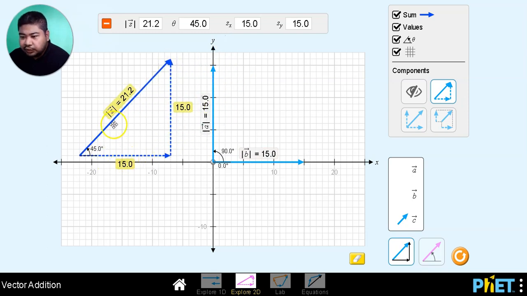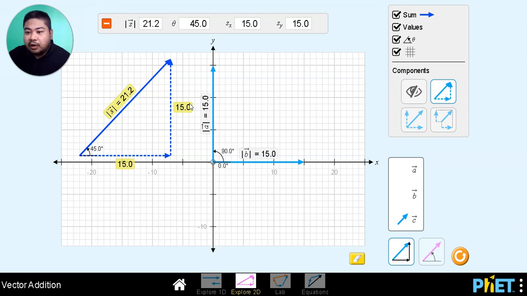If you look at the resultant vector, it has a horizontal component of 15, which is the length of B, and a vertical component of 15, which is the length of A. So the resultant vector of A plus B is 15x plus 15y.